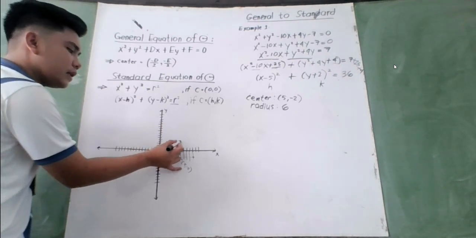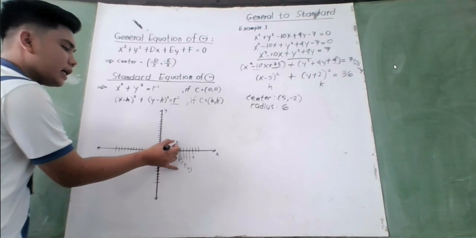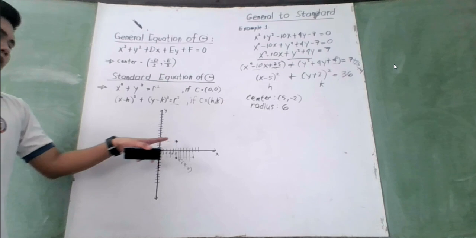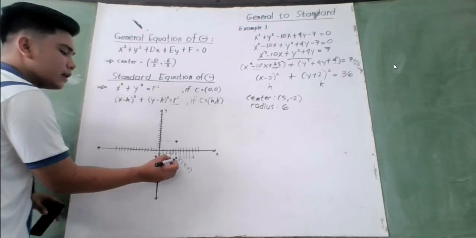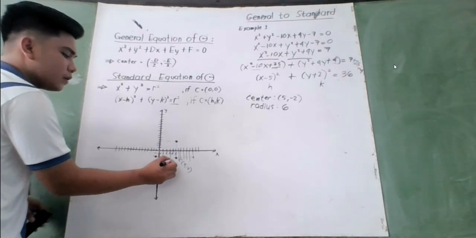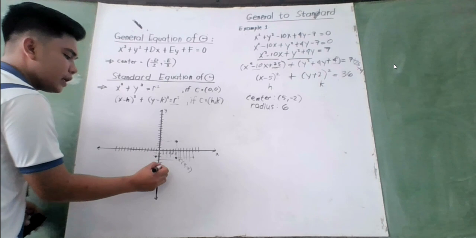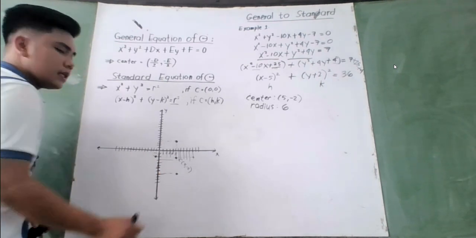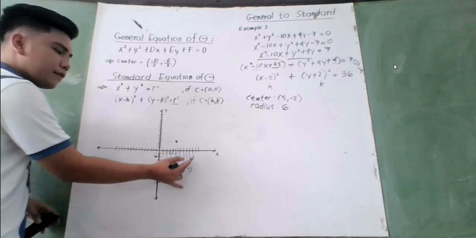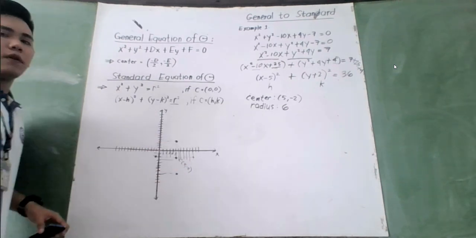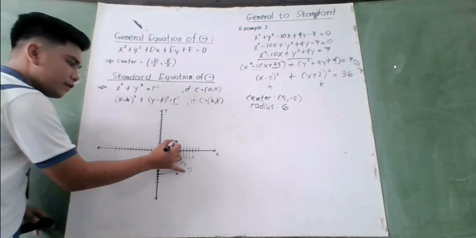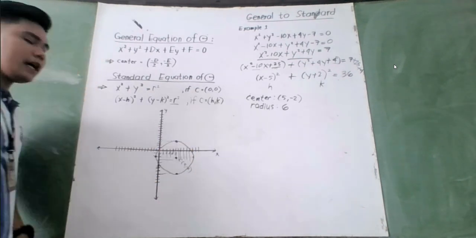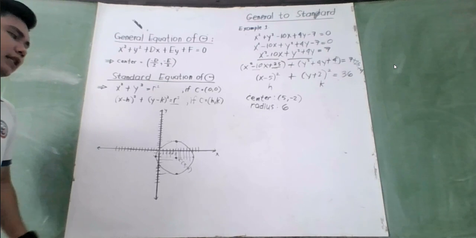Connect. And this is now the other vertex. So to the downward, count downward. 1, 2, 3, 4, 5, 6. You now have the 4 vertices where you can form the circle now. Okay, that's it. That is how you form the circle.